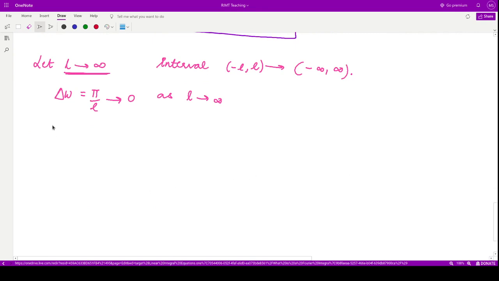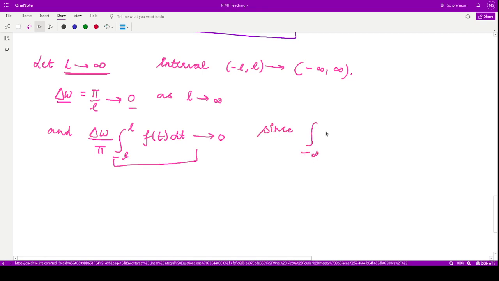And moreover, the term delta omega by pi integration minus L to L f t dt would tend to 0 because this delta omega is going to 0, and this quantity is given to be absolutely convergent, so its value would be some finite number. So 0 into finite number would tend to 0, right? Since integration from minus infinity to infinity, modulus of f of x dx converges, it will give you a single finite value over here, right?